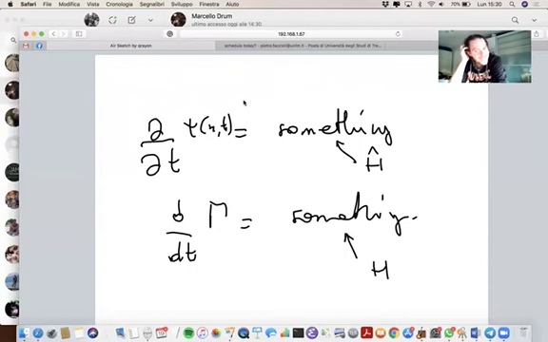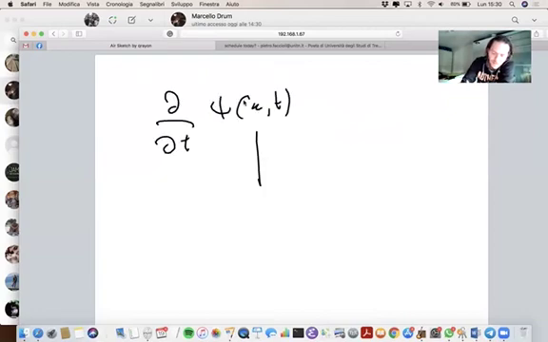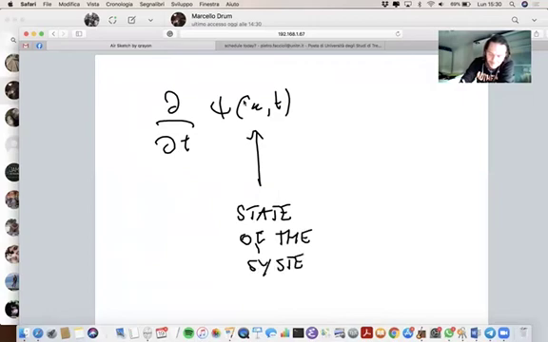So we are getting hints that this wave function has something to do with the state of the system in quantum mechanics.